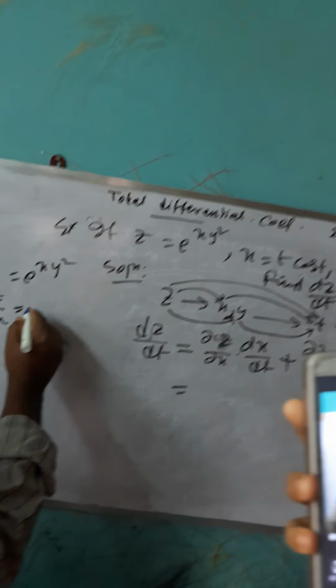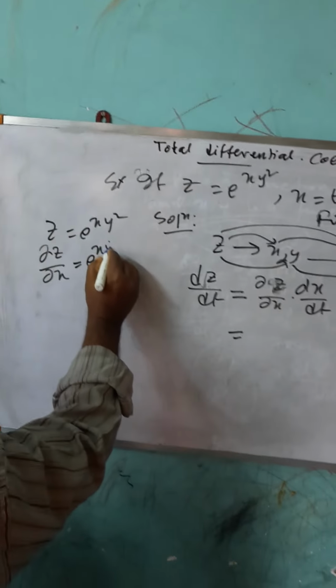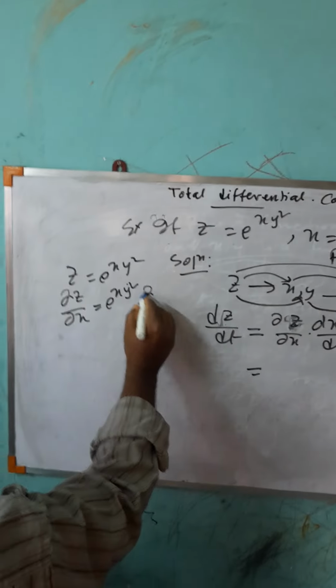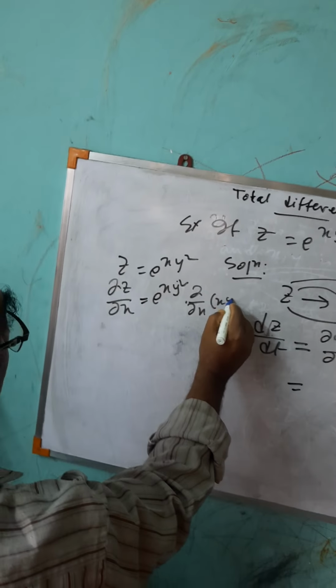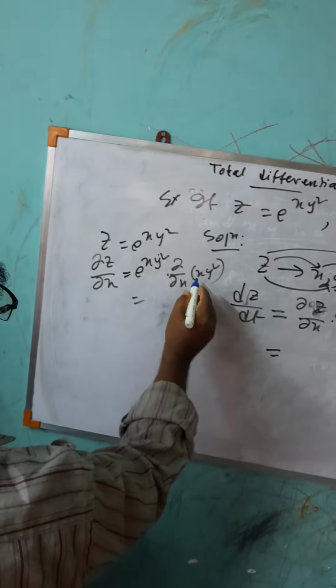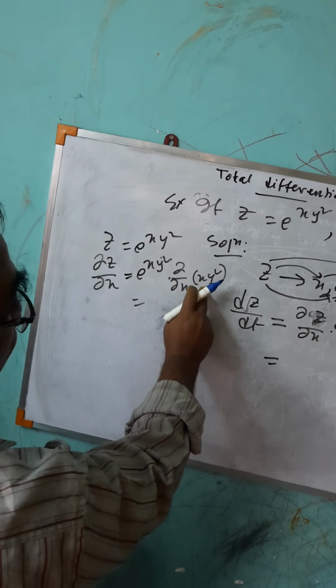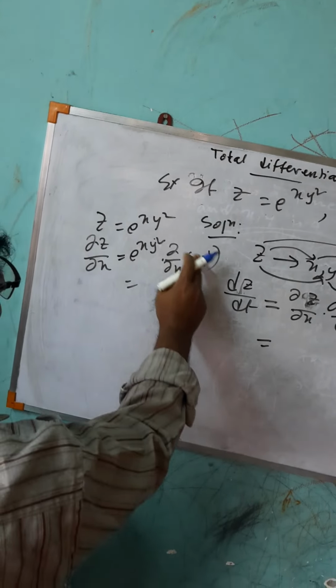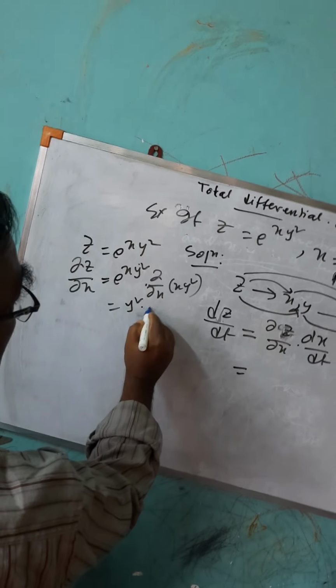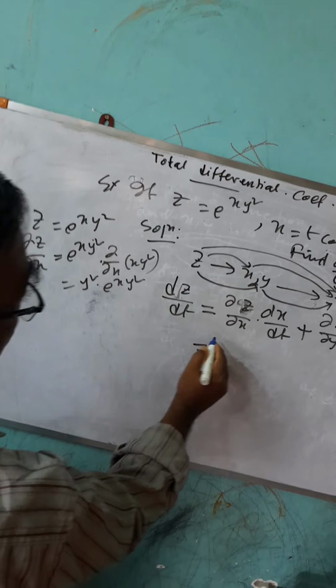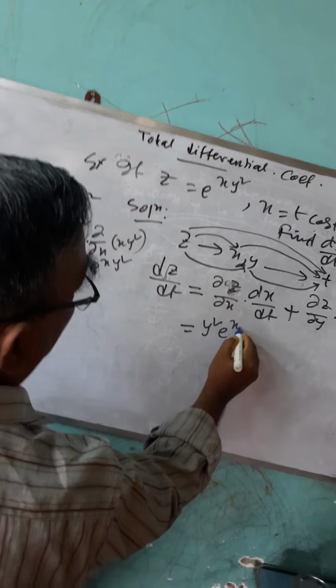So it is e to the power x y square into ∂/∂x of x y square. Differentiating with respect to x with y constant, it will be y square. So it is y square e to the power x y square.